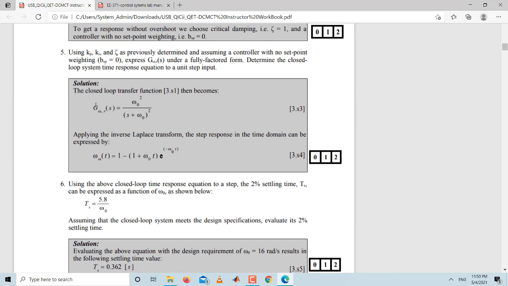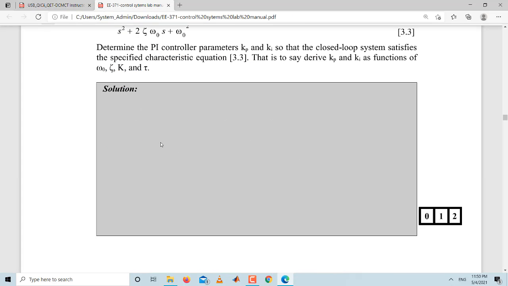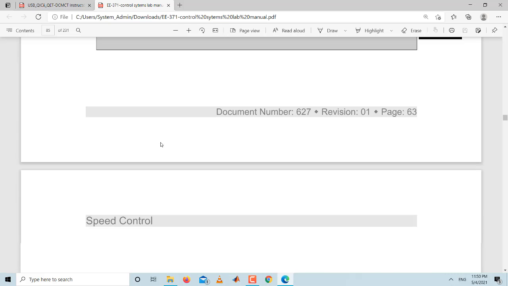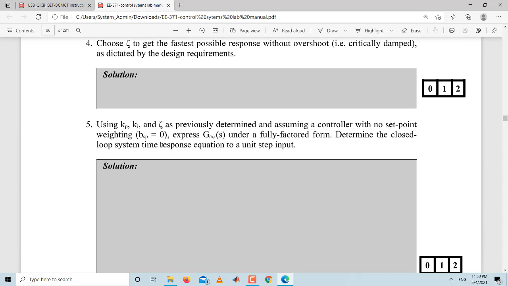Let me check if these questions are included in your manual or not. Using Kp, Ki and zeta as previously determined, the relations that we just derived, and assuming that the controller has no set point weighting, which means that we were multiplying our reference voltage with some constant BSP.